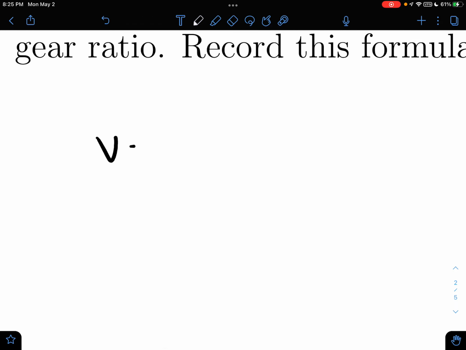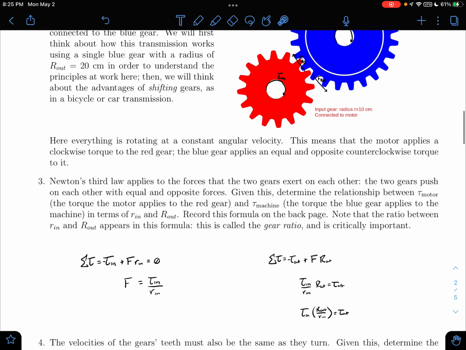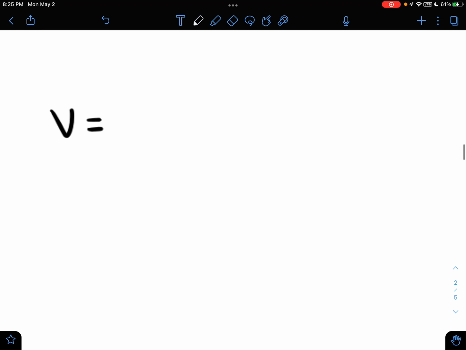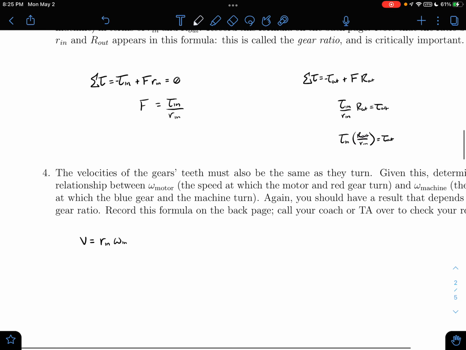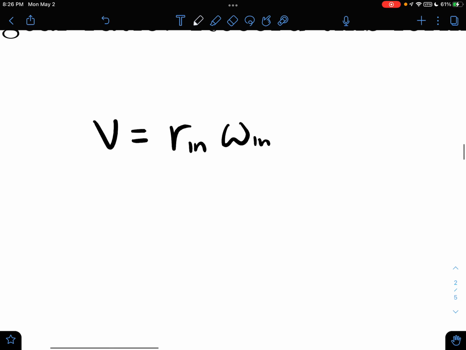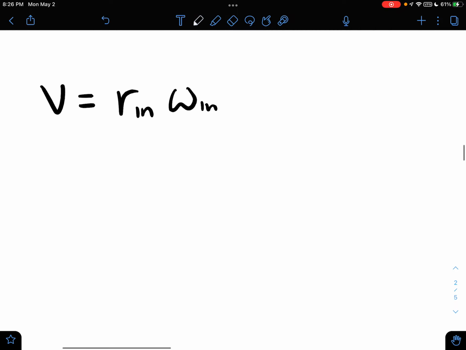We know that our velocity, let's think about our red gear first, is r times omega. So in this case, it's going to be our r in times our omega in, or our omega of the motor. It just uses different language for it, but that's fine.